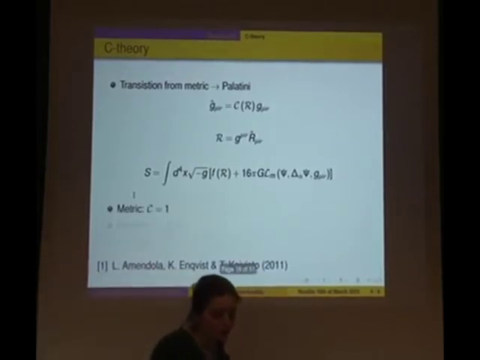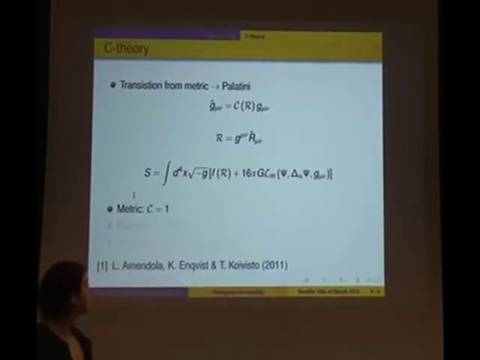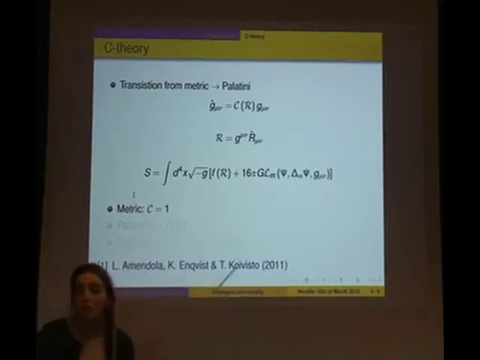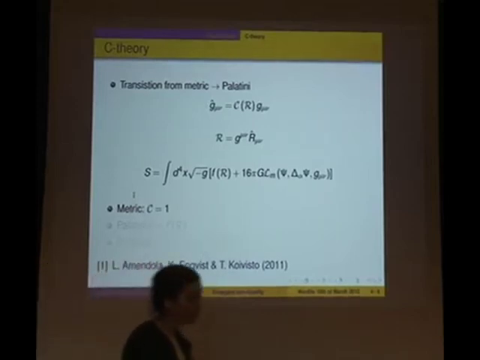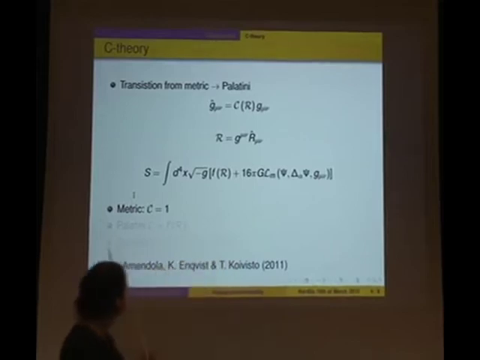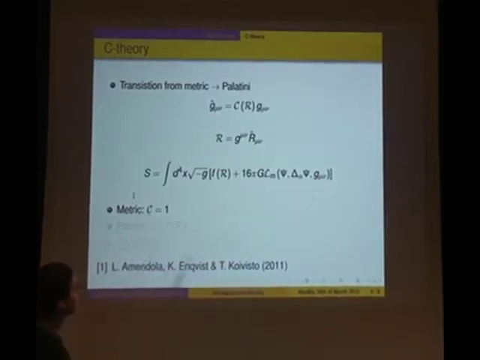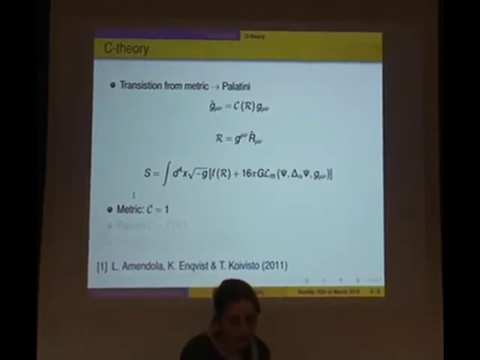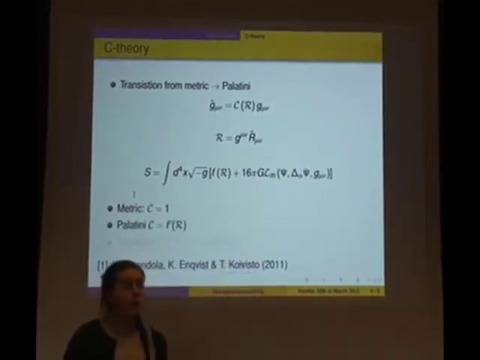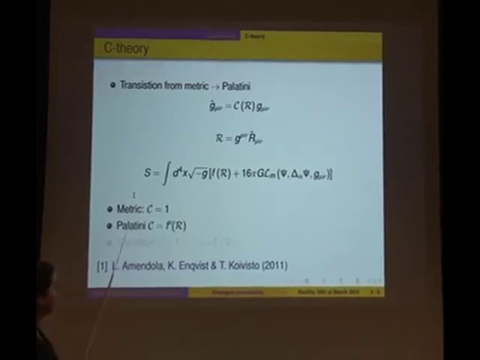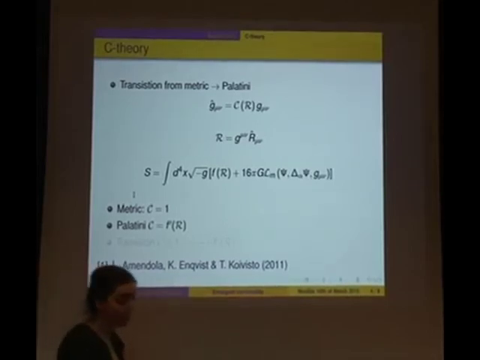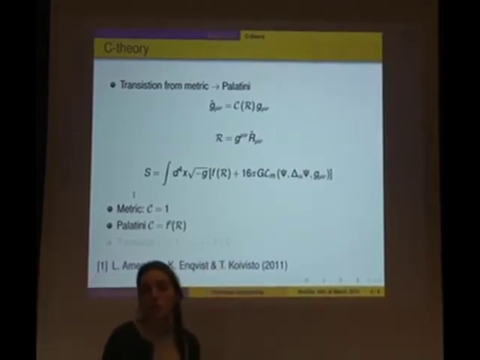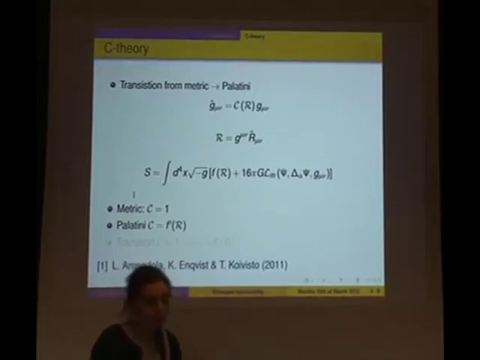So the metric case, you of course get with this C equal to 1 or constant. Of course, I'm just going to assume that any normalization that you wanted can just be absorbed into your f. And then you get the Palatini variational principle if you define C to be the derivative of f this way. And then you can make a transition between these in any way you want.